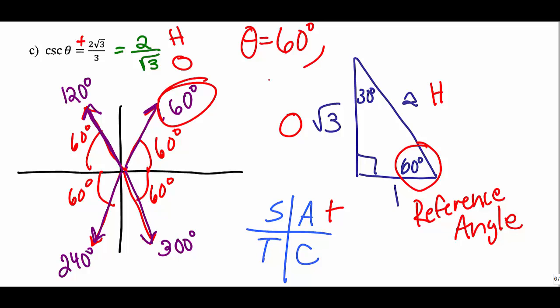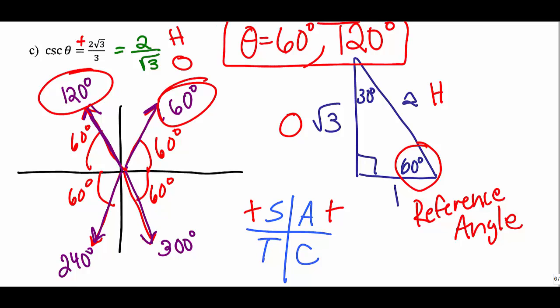We're looking for all angles within the interval from 0 to 360. So where else is cosecant positive? Well, it's positive where sine is positive, so we're looking in quadrant 2. So the other angle that we're looking for is 120. So we want to look for what quadrants cosecant is positive in, and we're looking at the 60 degree reference angle family. So 60 and 120 would be the solutions.